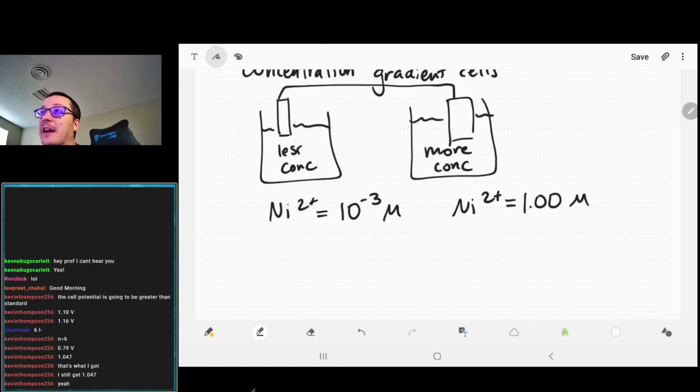So we can see what's going to happen with a concentration cell like this by looking at the Nernst equation as always.